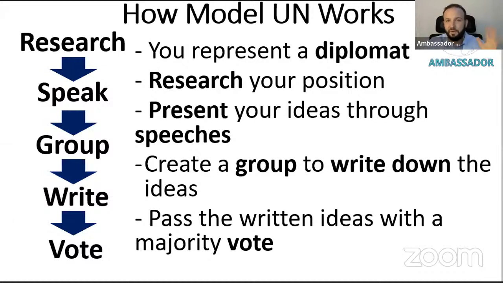So breaking it down to 5 words: research, speak, group, write, vote. After doing Model UN for years and years, I was able to boil it down to these 5 words. So this is the activity that we are going to be teaching the students. To get a topic, learn to research it.